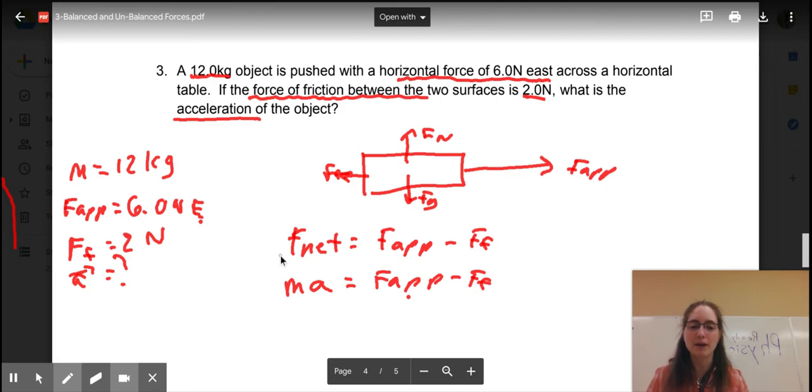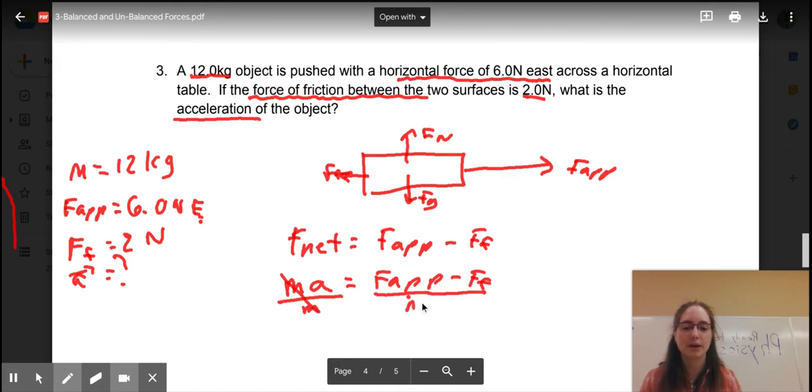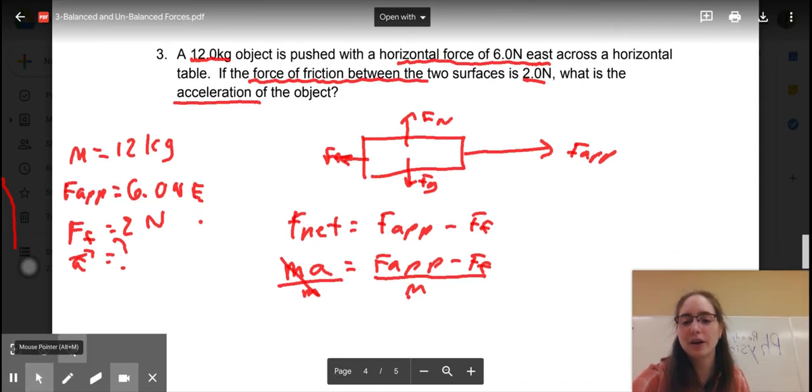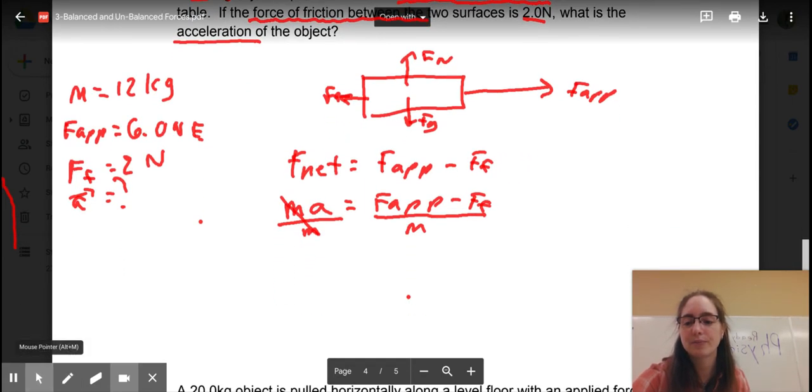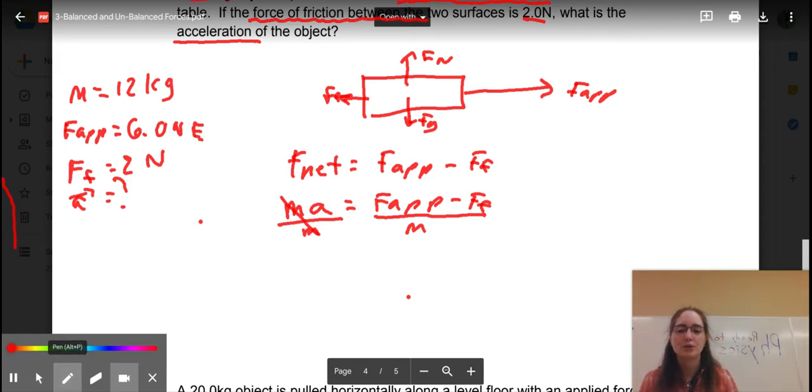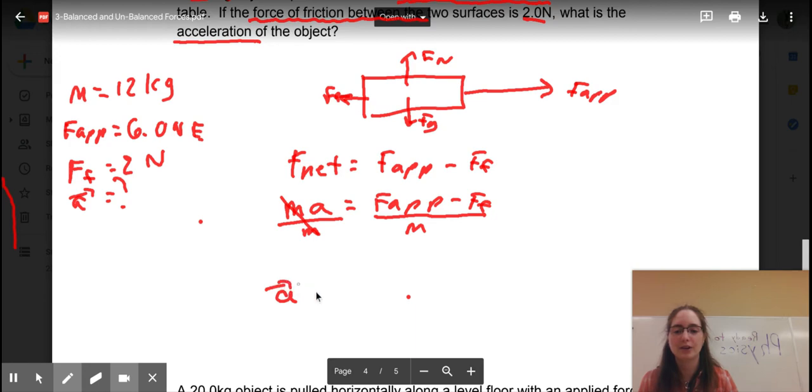Okay. Now I need to find my acceleration, so I'm going to divide out that mass. I divide by the mass on one side, and I divide by the mass on that side. So my acceleration is going to equal my force applied minus my force of friction, divided by the mass.